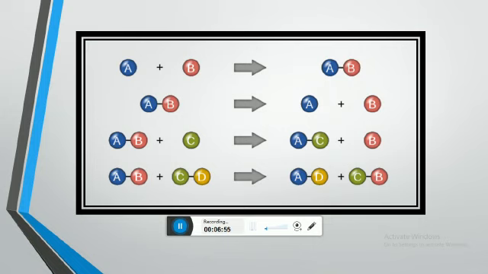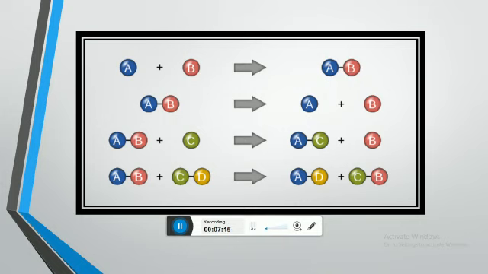In other words, B is replaced by C. C comes in the place of B. This is called the displacement reaction, in which one element is displaced or replaced by another element in the compound. Now this is single displacement reaction.